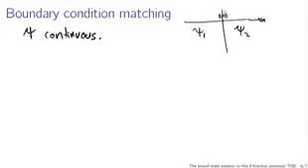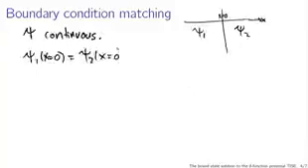If we're going to match these two continuously, we have to have psi 1 of x equals 0 equal to psi 2 of x equals 0. If I evaluate my solution on the left at the boundary and my solution on the right at the boundary, I have to get continuity, I have to get equality.